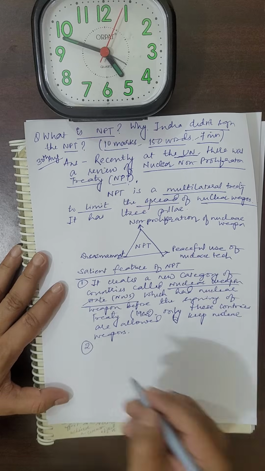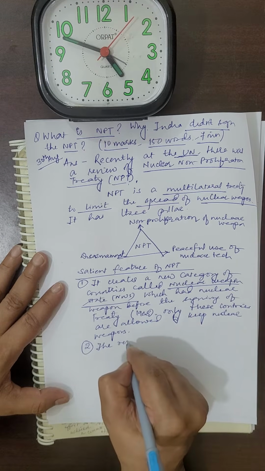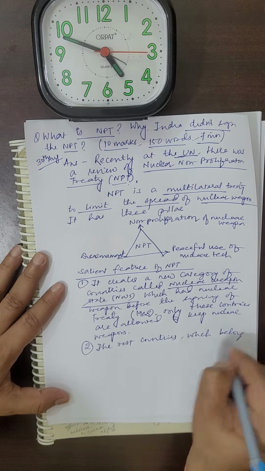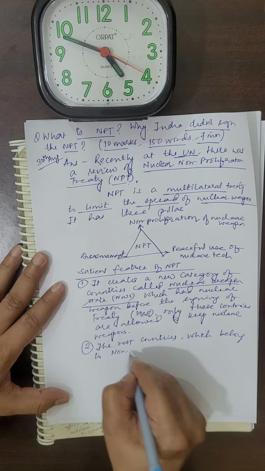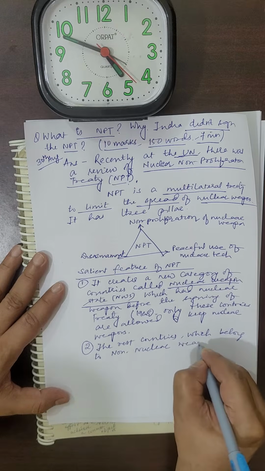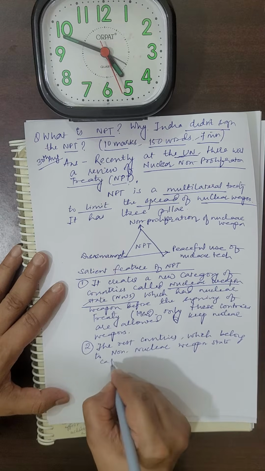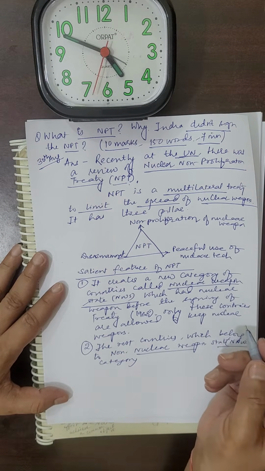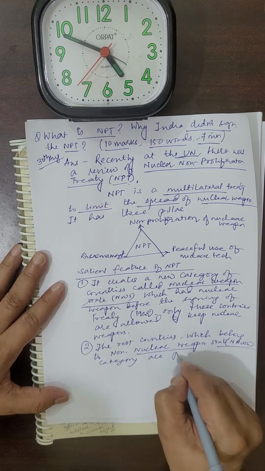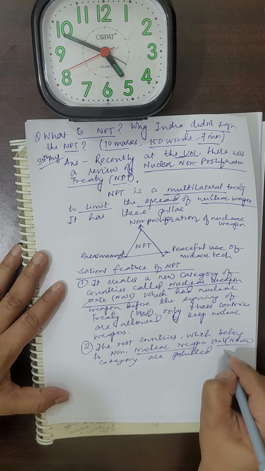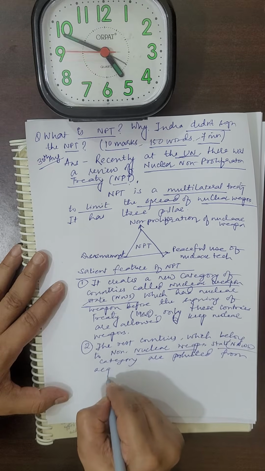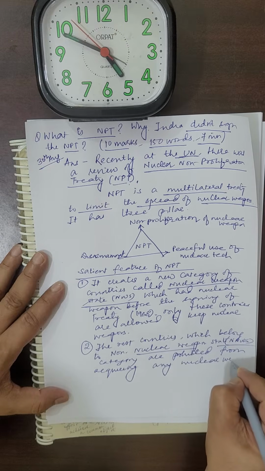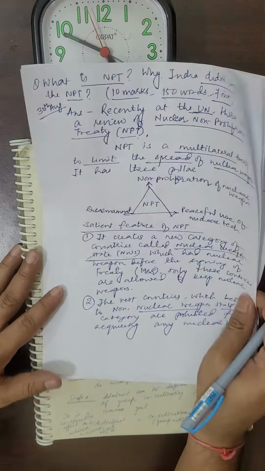Second point, you can write that the rest of the countries which belong to the non-nuclear weapon state category, here you can write NNWS, use the short form so that next time you don't have to write it, are prohibited from acquiring any nuclear weapon. Then you can write further points also.